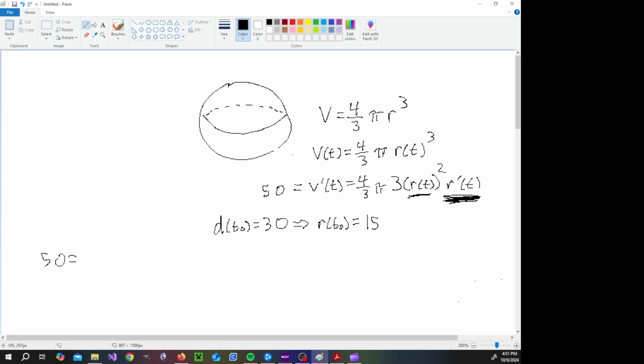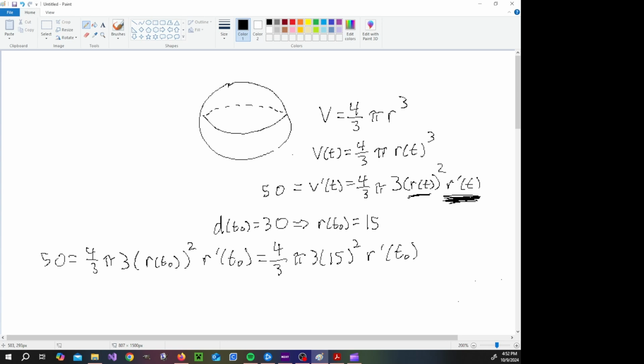So we have 50 is equal to 4/3 pi times 3 times r at that time squared times r prime at that time. But again, we just figured out that that value is 15. So we have 4/3 pi 3 times 15 squared r prime of t naught.